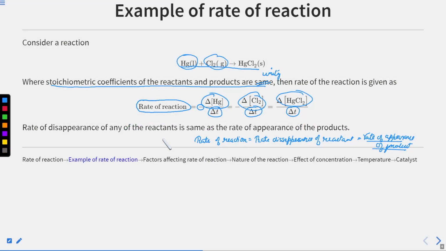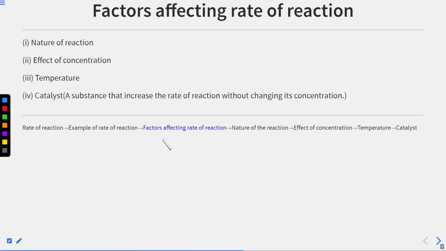Now we will move to today's class topic, that is, factors affecting the rate of reaction. There are four factors which affect the rate of reaction, which we will study in the upcoming lectures. There are many factors again, but for now we'll keep our discussion limited to these four.